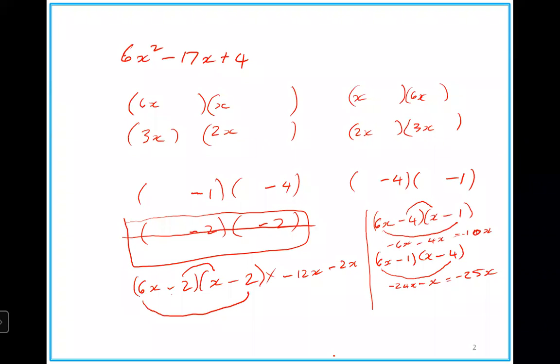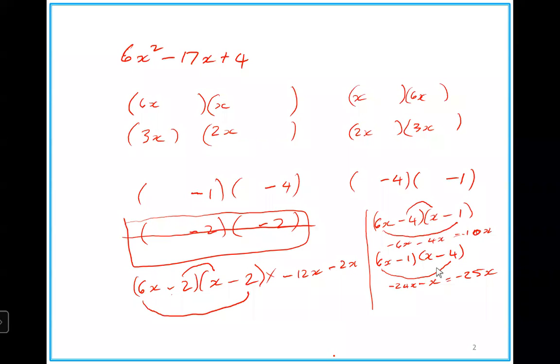So that doesn't work either. So we could rule out the 6x and the x as our starting terms, because we're not getting that middle term using the 6x and the x. So either way we put the -1 and -4, that's not going to work. So we could rule that out.